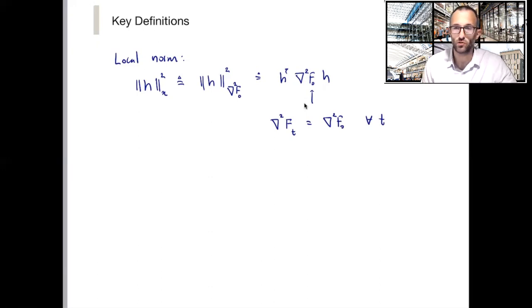And we use this local norm to give an affine invariant definition of Lipschitzness, or an analog, not equivalent, of Lipschitzness.